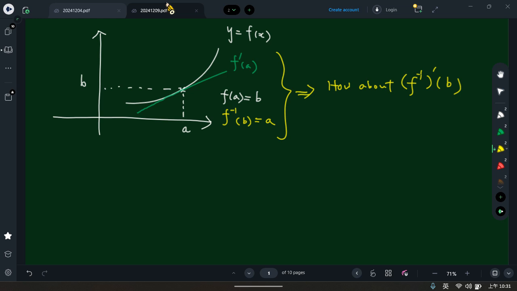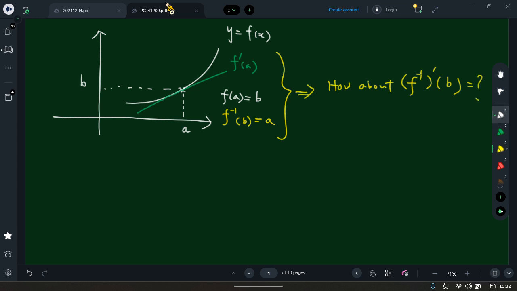For f inverse, it should be here. Here is the range for f, but here is the domain for the inverse of f. Just as I told you, we change the role of domain and range for f and the inverse of f.